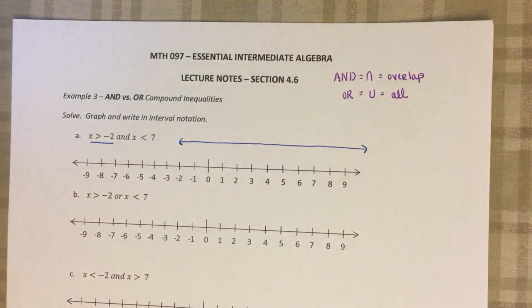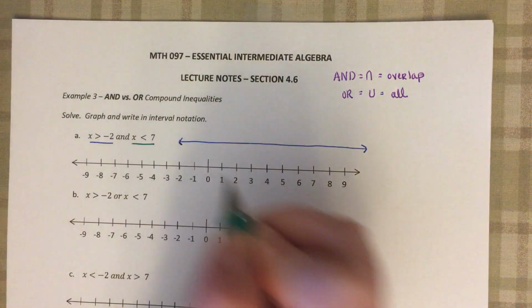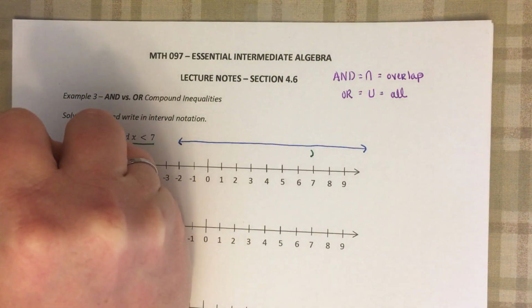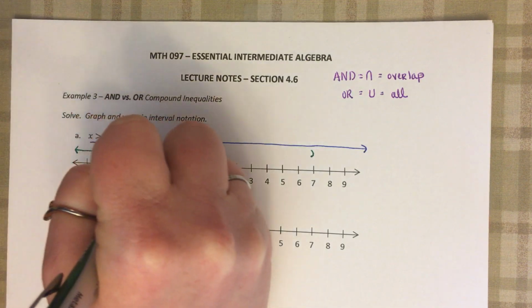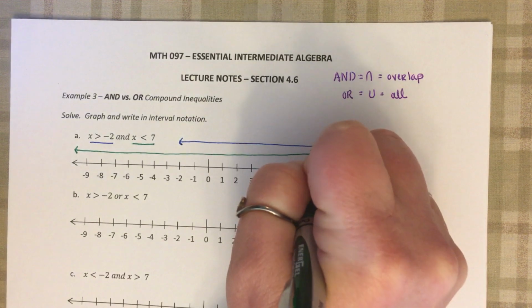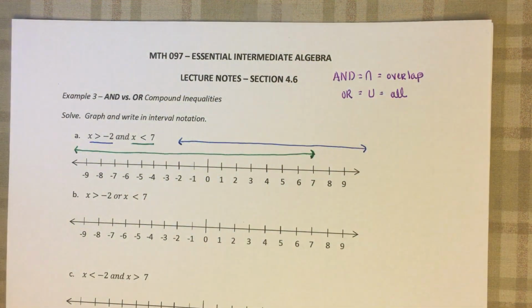So my x is greater than -2 starts at that -2 and then goes to the right. If we looked at x is less than 7, we're going to start at the 7 and we're going to go to the left. So we have our parentheses in each of these and we are going to the left.